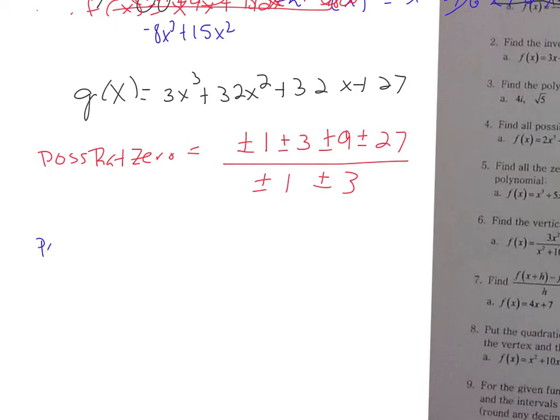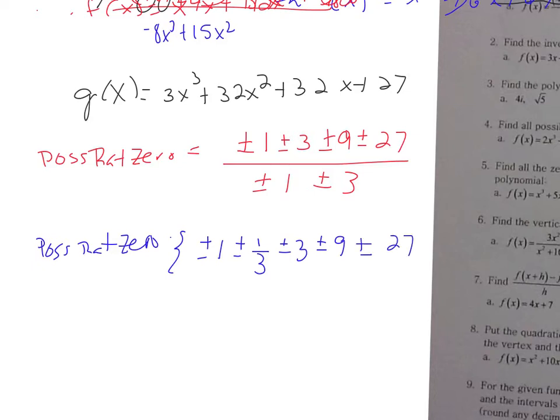Okay, so your possible rational zeros are positive negative 1, positive negative 1/3, positive negative 3, positive negative 9, positive negative 27, and that's it.